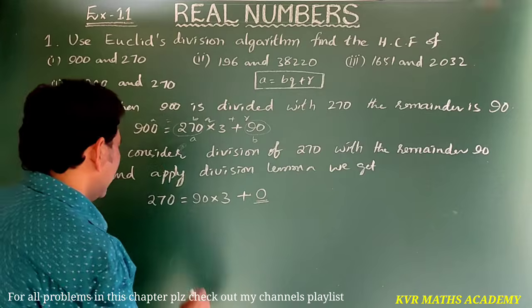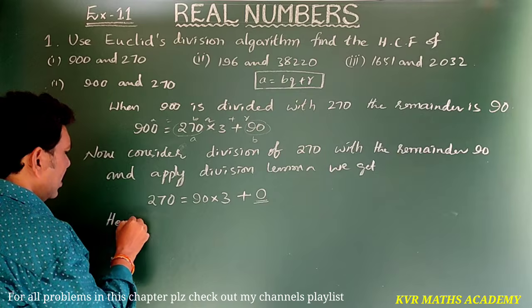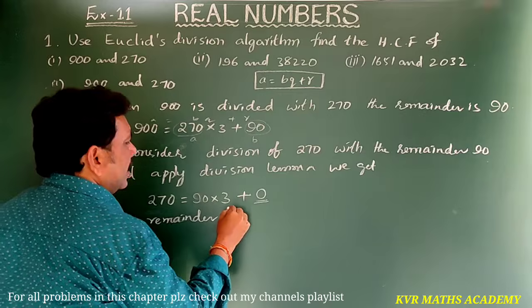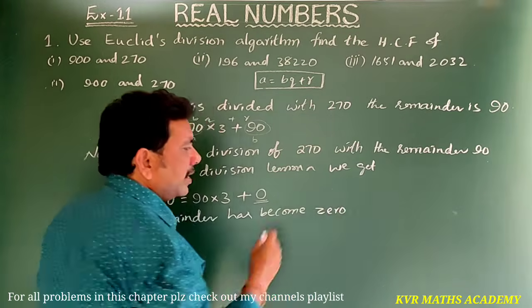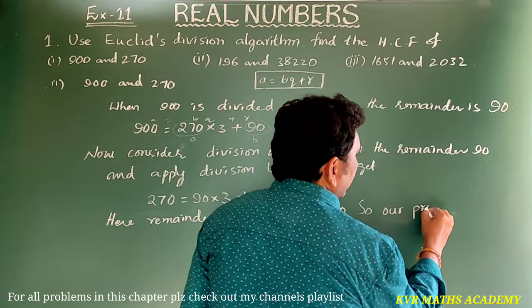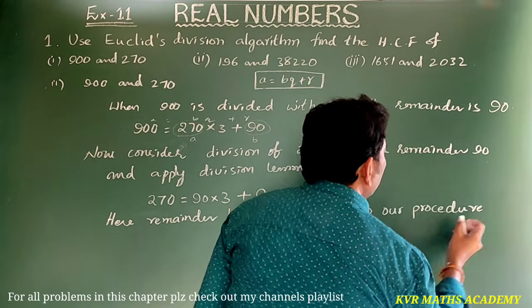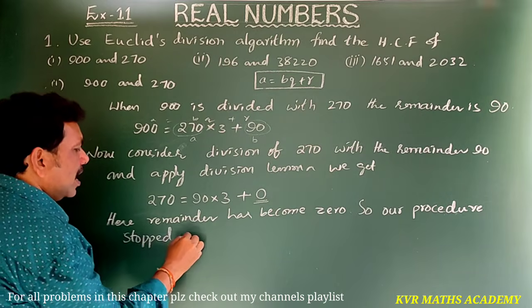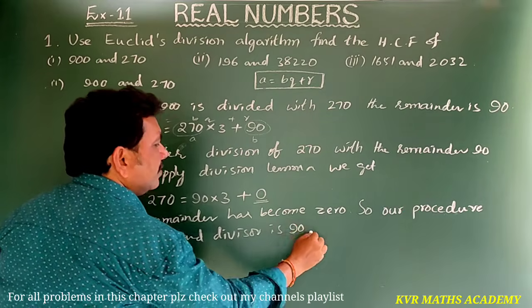Understood clearly? Here the remainder has become 0, so our procedure stopped, and the divisor is 90.